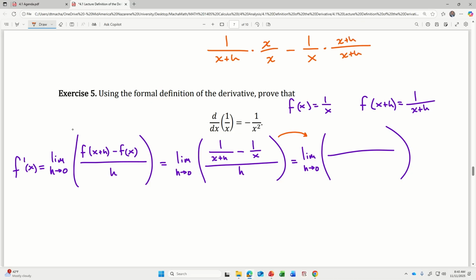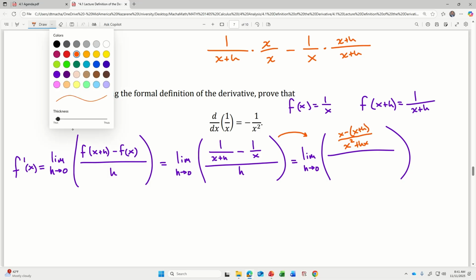The common denominator is x times x plus h. And then what I get in the numerator is x minus x plus h.